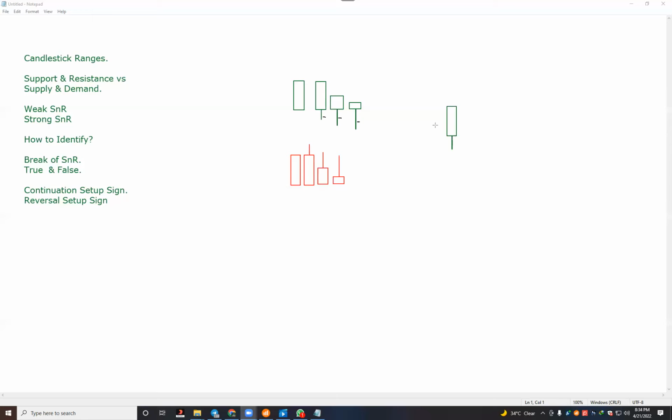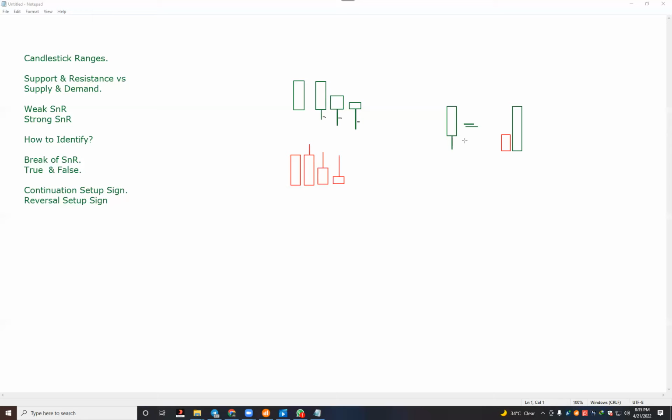See here. When the price was moving down, who pushed down? The sellers pushed down, right? And then at this point, who pushed up? Buyers pushed up, right? Now just tell me, who failed?